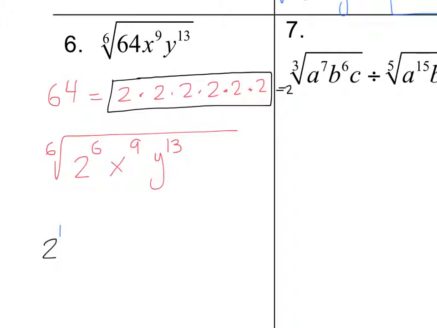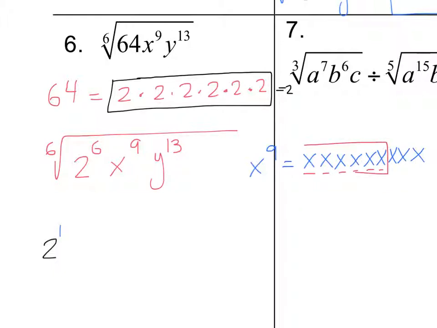You can either take the x to the 9th and write it out, and then since the index is 6, you need to do groups of 6. So let's see, 1 2 3 4 5 6.